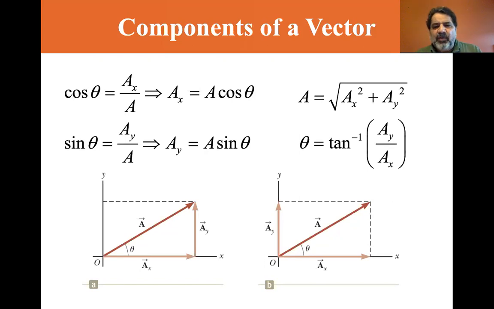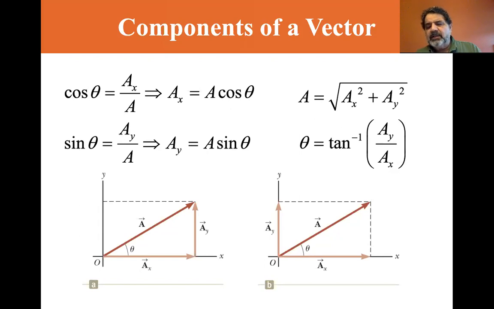And the angle theta is determined by the tangent inverse, or arctan, some people say arctangent, or tangent to the -1, of the vertical component over the horizontal component, AY over AX.